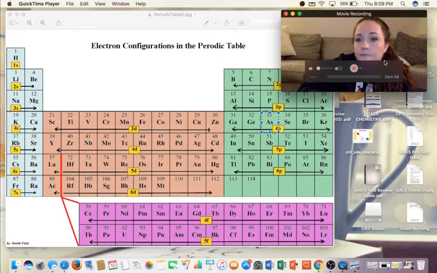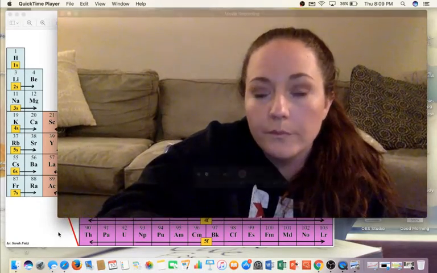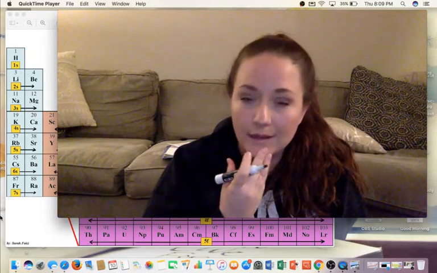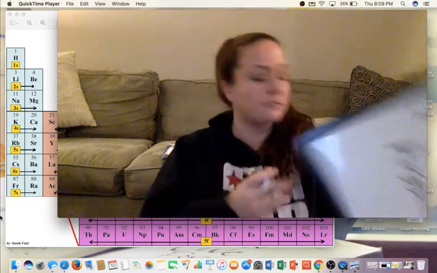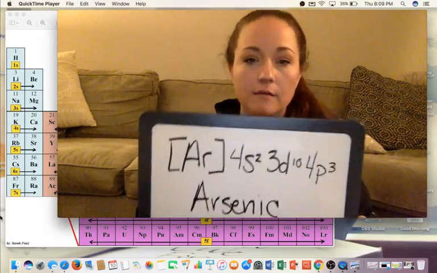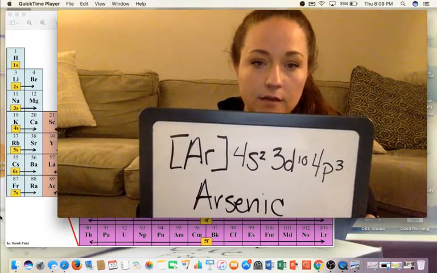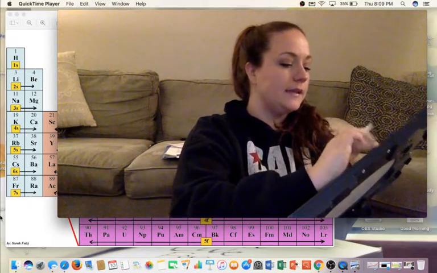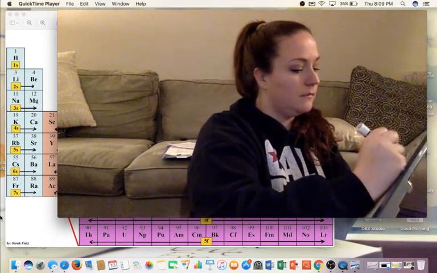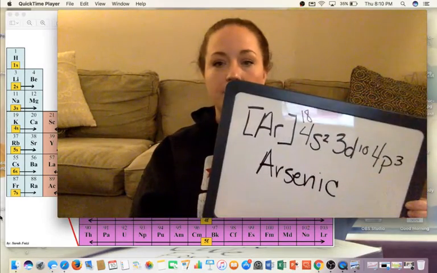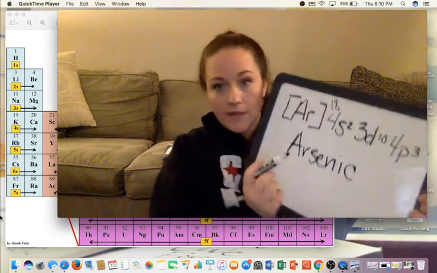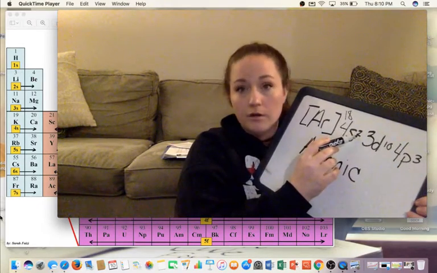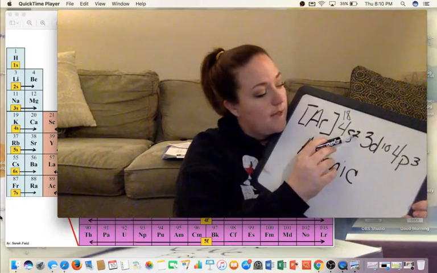Now, another really easy way to do this, for more of my math babies, is that argon's atomic number is 18, so put 18 at the top. Remember that you count only the power spots after the numbers.